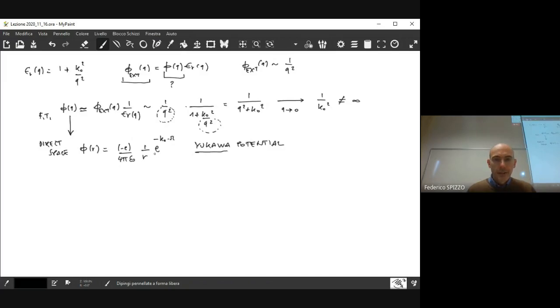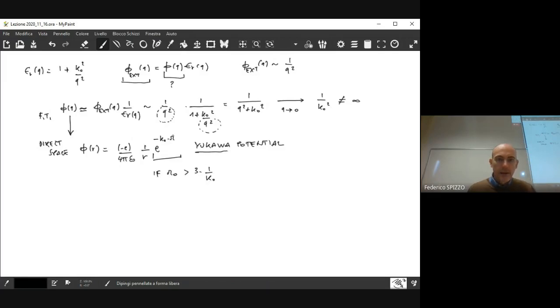And if you notice here, due to the presence of this exponential term, the long range of the Coulomb potential is strongly depressed, when r is larger than 3 times 1 divided by k0.